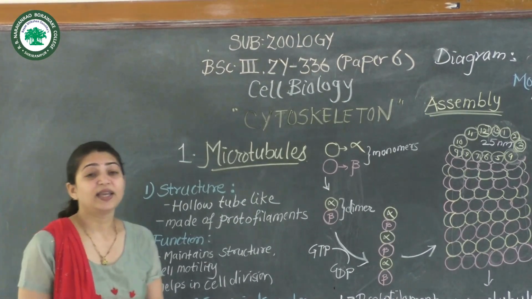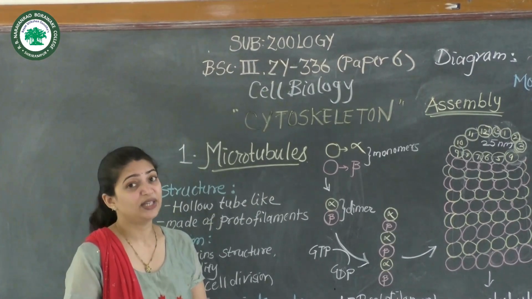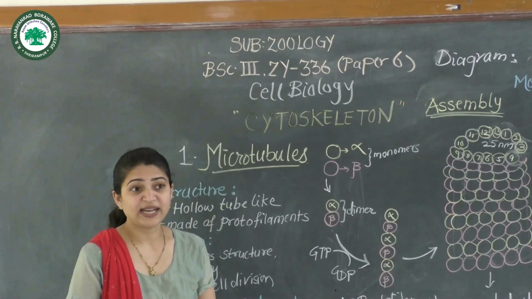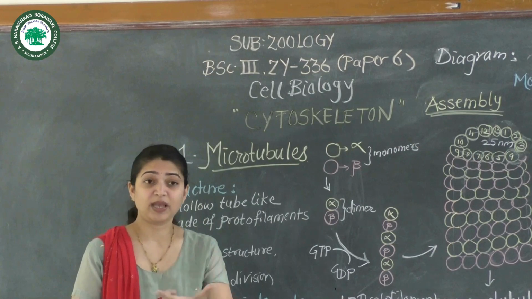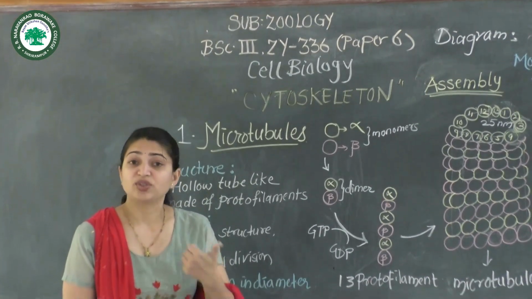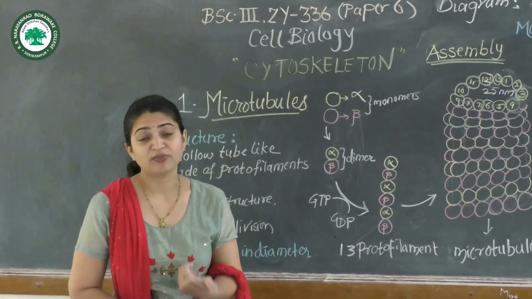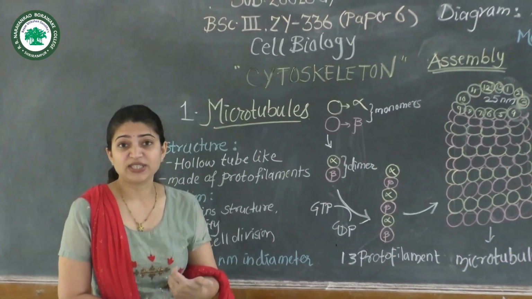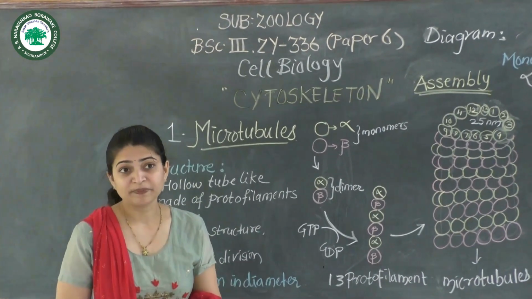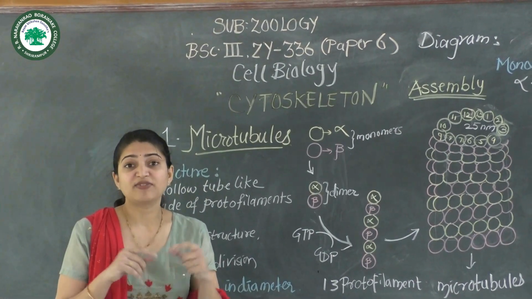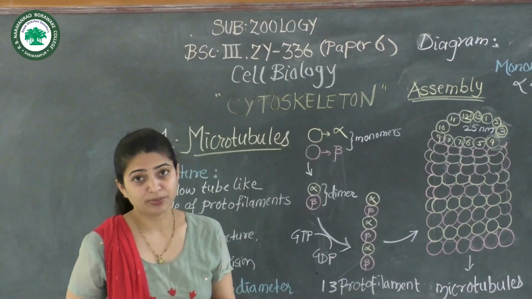Next, it helps in cell division. At the time of cell division, there is spindle formation, which comes out through centrioles. The centrioles are formed with the help of the cytoskeleton, and microtubules help in that formation; the spindle is basically formed by microtubules.